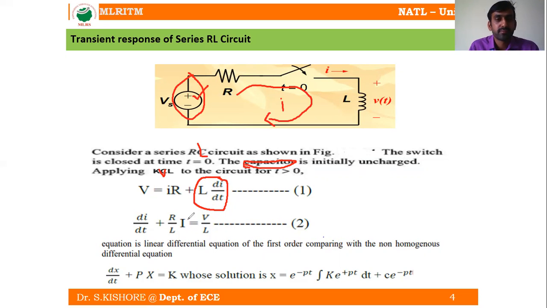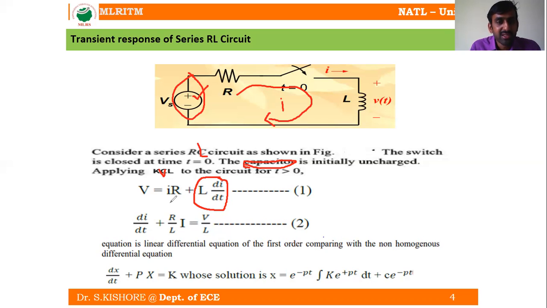Now, as we discussed in the previous lecture, we are going to obtain the response of this RL or RLC circuits using the differential equation approach. So now we are converting into the general form of the differential equation. In this equation number 1, which we obtained from KVL, I am taking L as common.